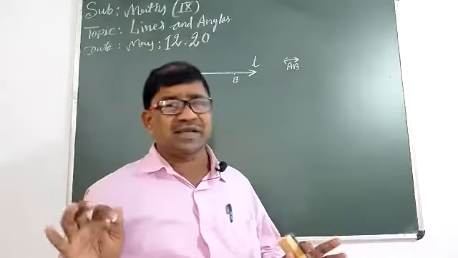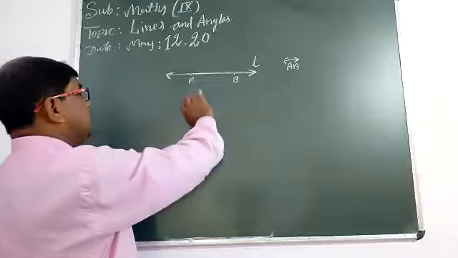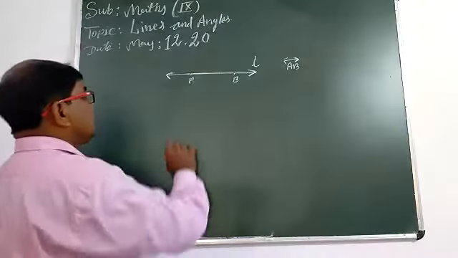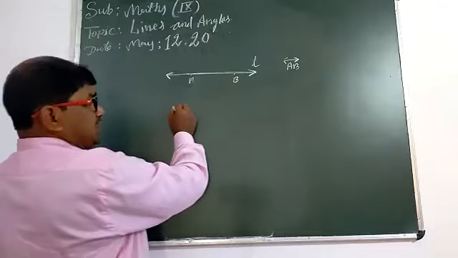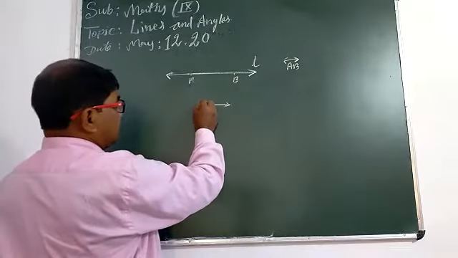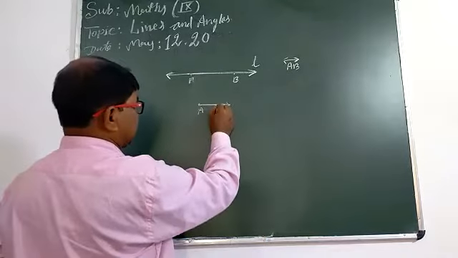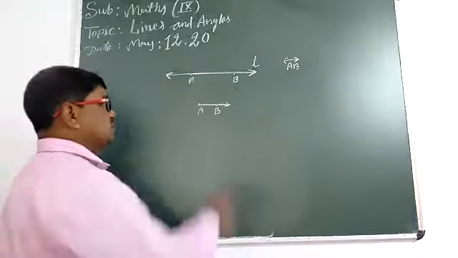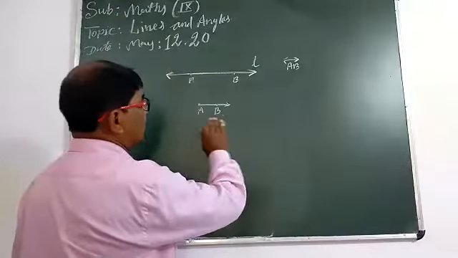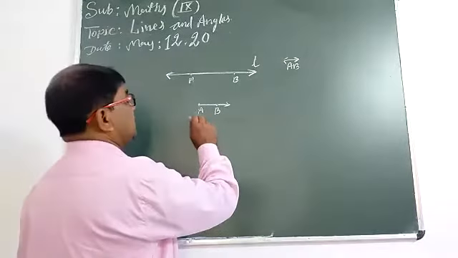Now we should try to give the definition of a line. That is an imaginary thing in geometry, as you know, but we should write something. Now, students, suppose that you are drawing this type of part of a line. Suppose that this is A, that is B. This is a part of a line having one end point only.